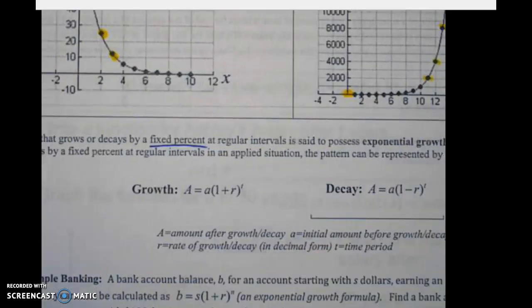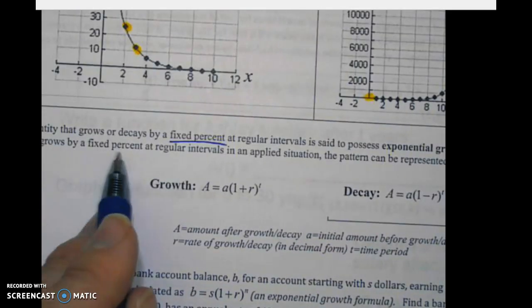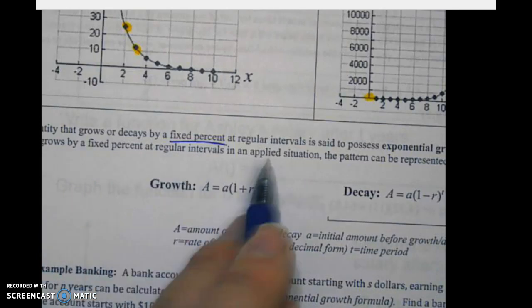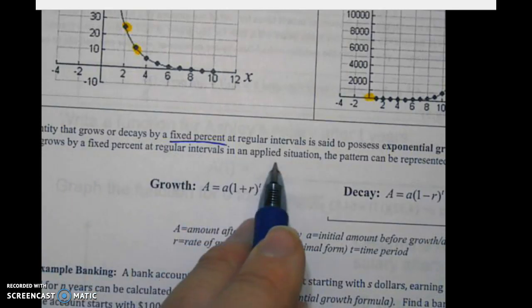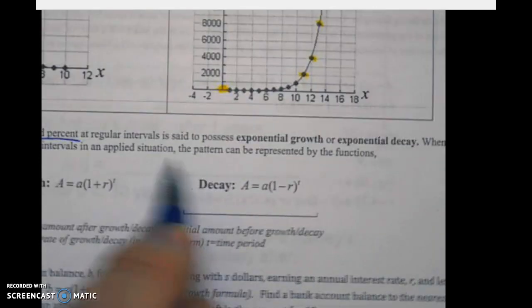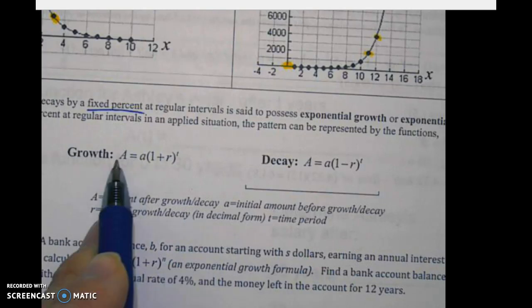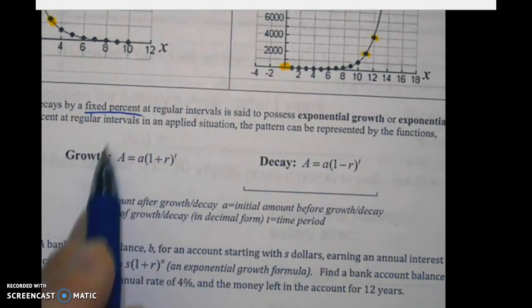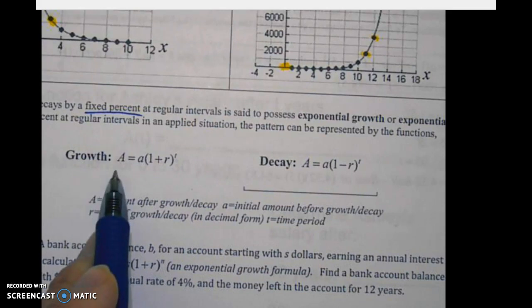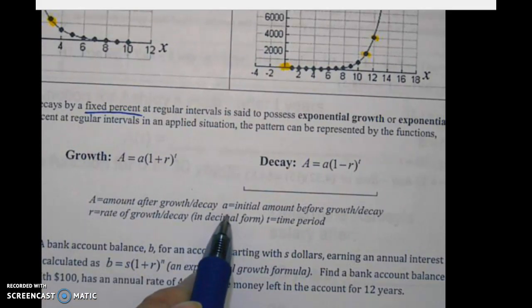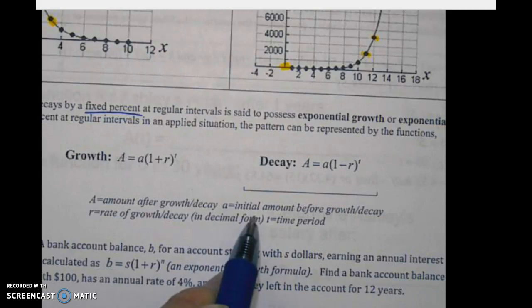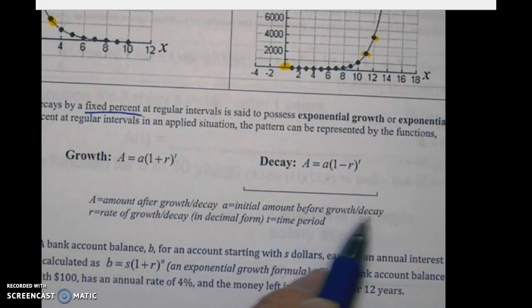When a quantity grows by a fixed percent at regular intervals in an applied situation, the pattern can be represented by these two functions. So A is going to represent the amount after the growth or decay. That's the ending amount. Lowercase a is the initial amount before growth or decay.